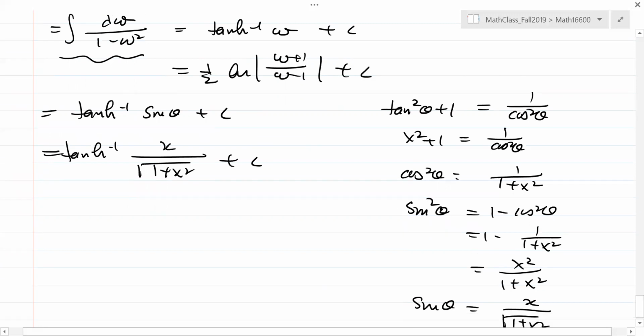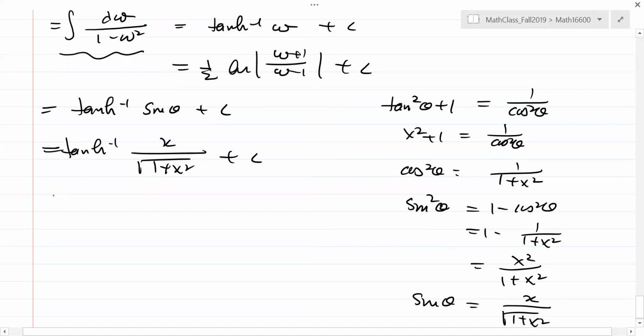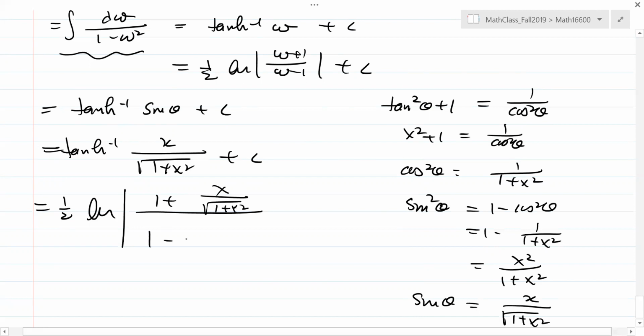So let's continue to simplify because we have another formula here, natural log, right? W is 1 plus x. What is that? W, plus or minus doesn't matter, it's 1 minus W, right?